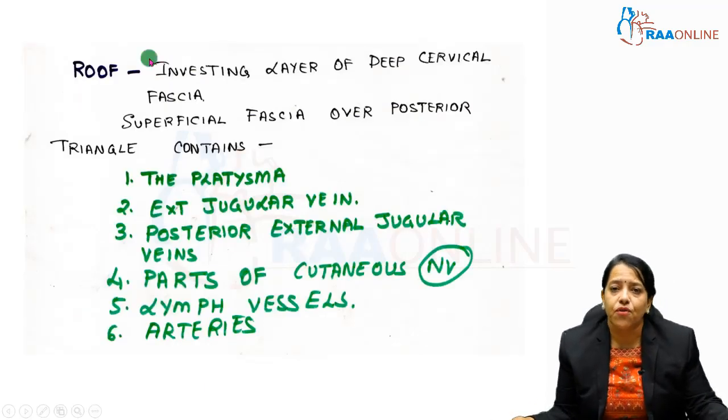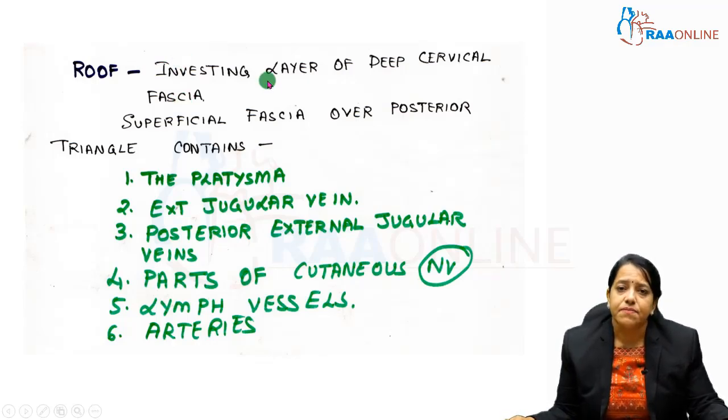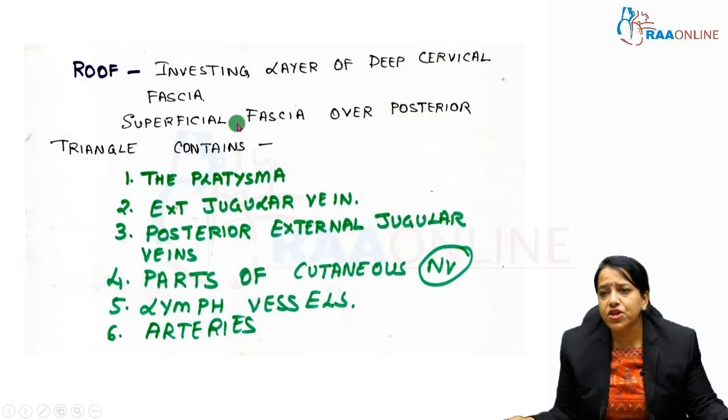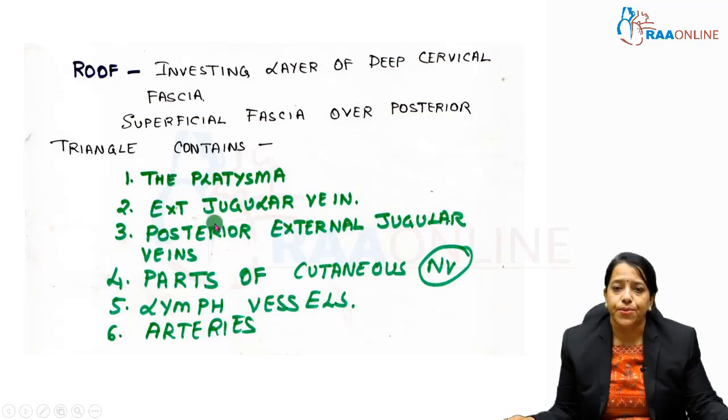Coming to the roof of the posterior triangle, the roof is mainly formed by the investing layer of deep cervical fascia. We know all the layers of the deep cervical fascia and the modifications. The investing layer is like a collar which surrounds the neck, and it is also the roof of the posterior triangle. There is also a superficial fascia over the posterior triangle which contains the following structures.